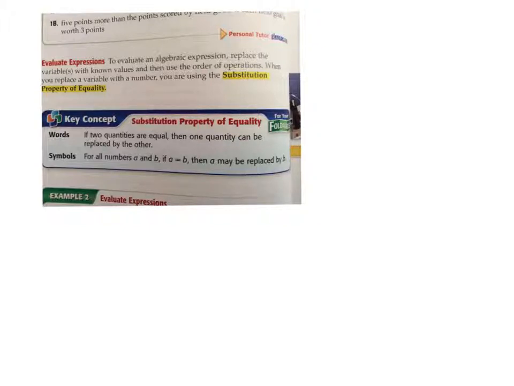In symbols, for all numbers A and B, if A equals B, then A may be replaced by B. If A equals one group of apples and B equals another group of apples, we'll put them together and call the whole thing A.